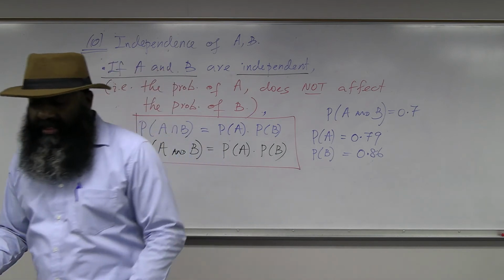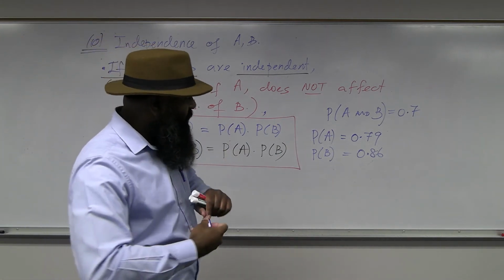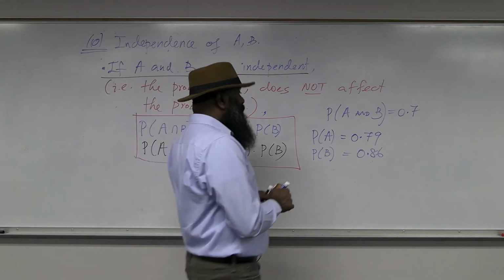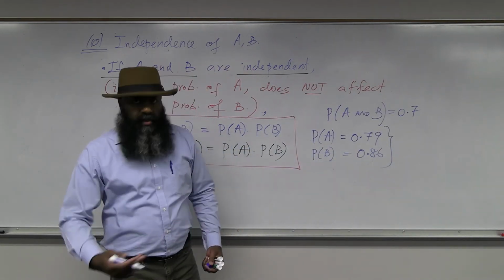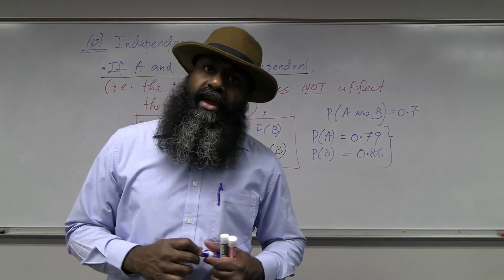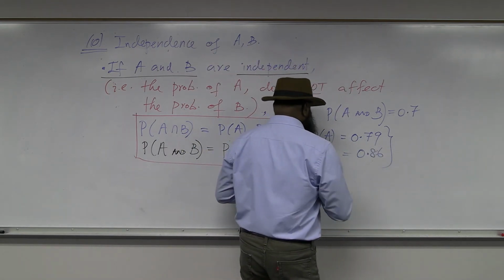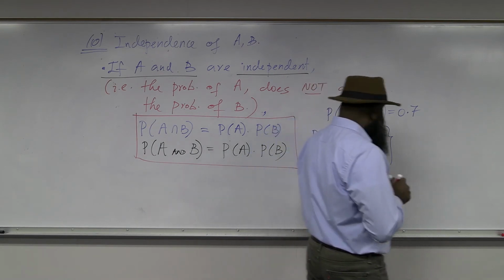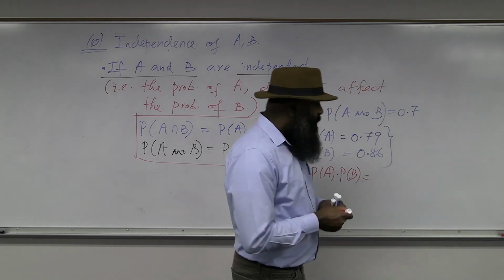Now our question is whether the events A and B are independent. What I'm going to do is multiply these two values and see if that will be equal to 0.7. If that's equal to 0.7, we can conclude safely that A and B are independent. So I will find P(A) times P(B), which is 0.79 times 0.86, which is equal to 0.6794.